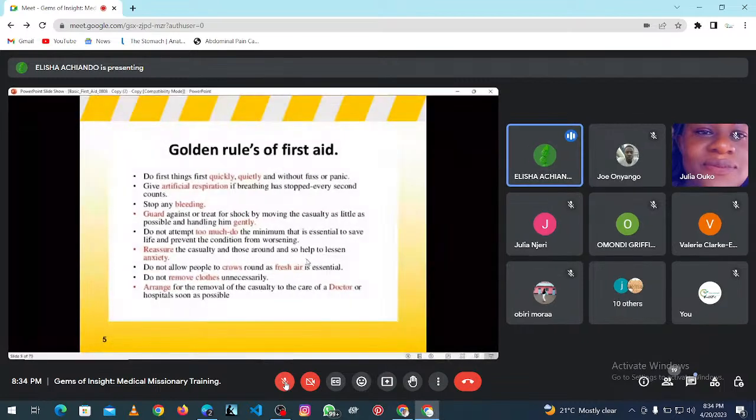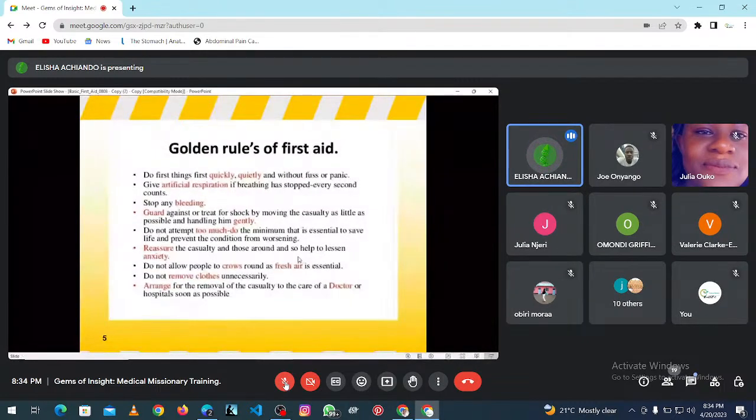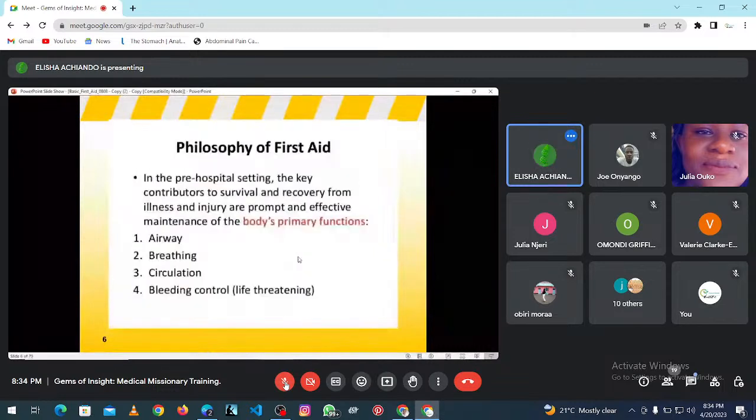So next is about the philosophy of any first aid you're doing. In a pre-hospital setting, the key contributors to survival and recovery from illness and injury are functions, like when we talk of airways, breathing, circulation, and bleeding control, which are quite under the body's primary functions.